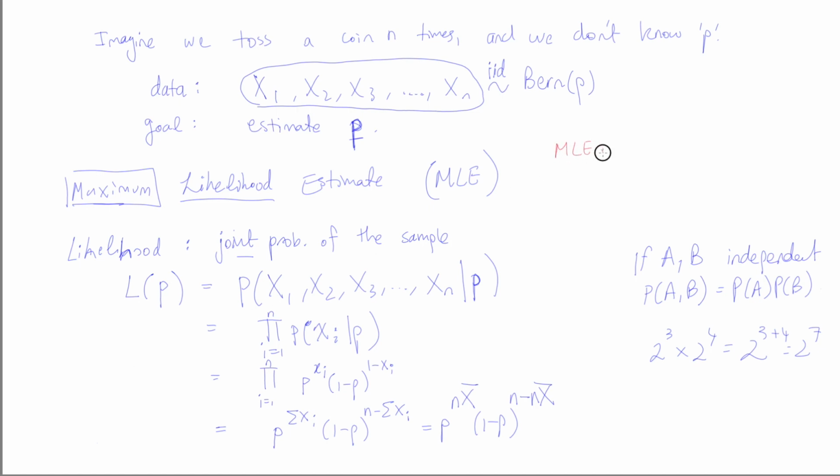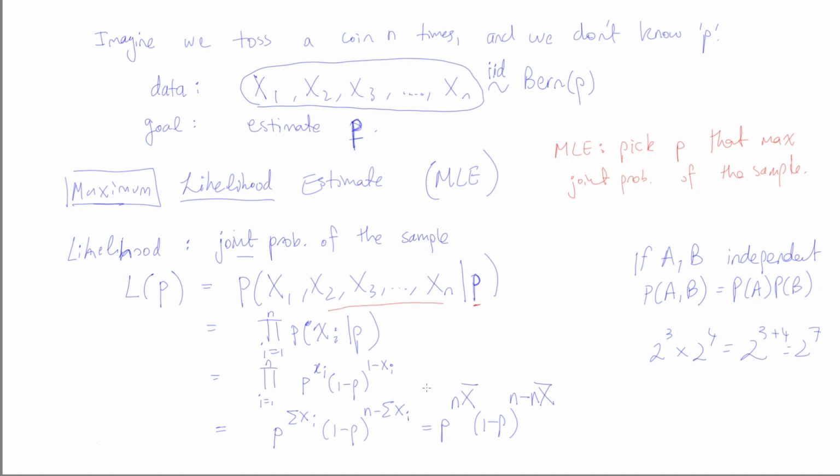MLE: pick the P that maximizes the joint probability of the sample. Okay, that's all we're doing. We're saying this is the probability of the sample. It's dependent on the parameter P. We want to pick the P that makes this probability as big as possible. Okay, that gives us the best estimate.